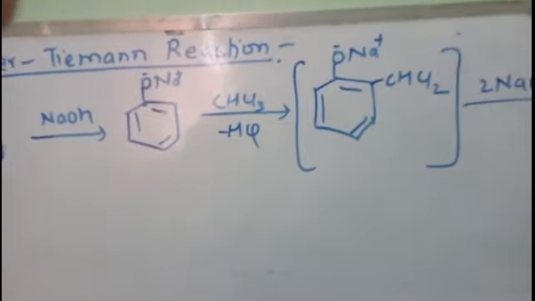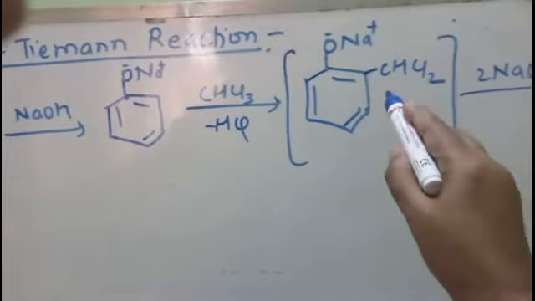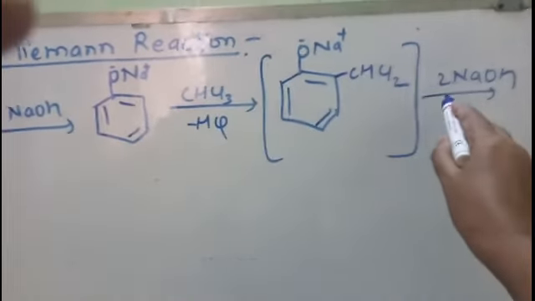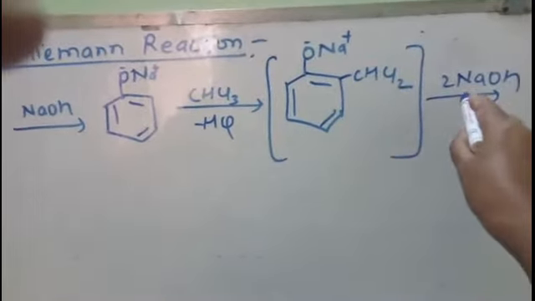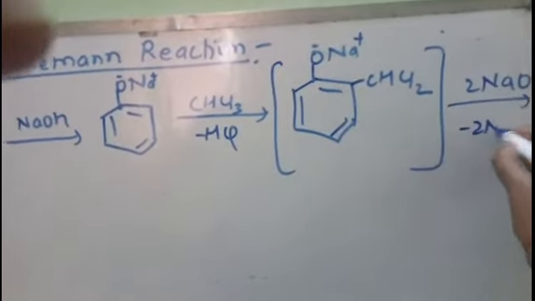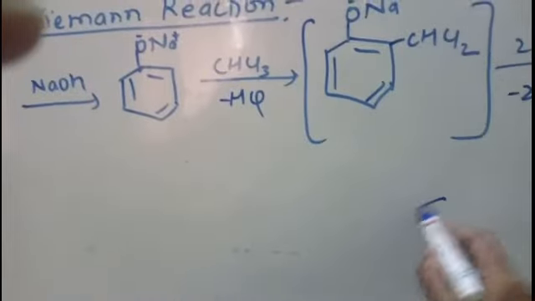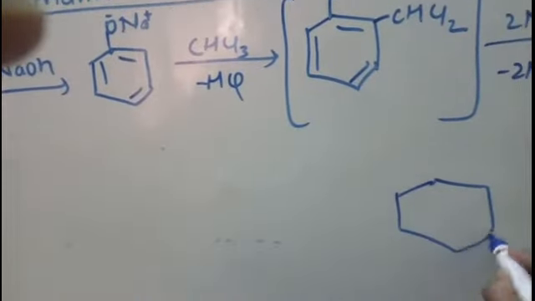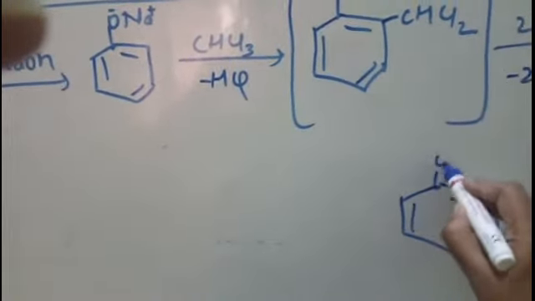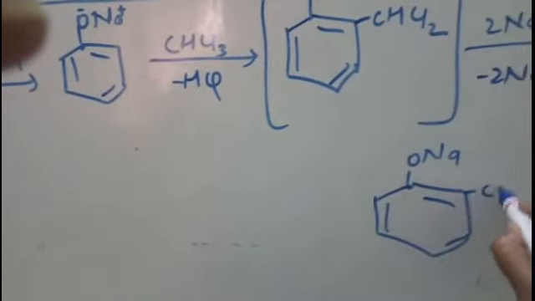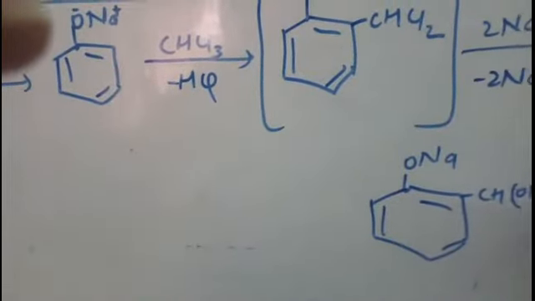It is a substituted benzyl chloride. This substituted benzyl chloride has 2 chlorines. When it is treated with 2 NaOH, 2 NaCl is removed, and 2 OH groups will come here. So here CH(OH) whole twice.